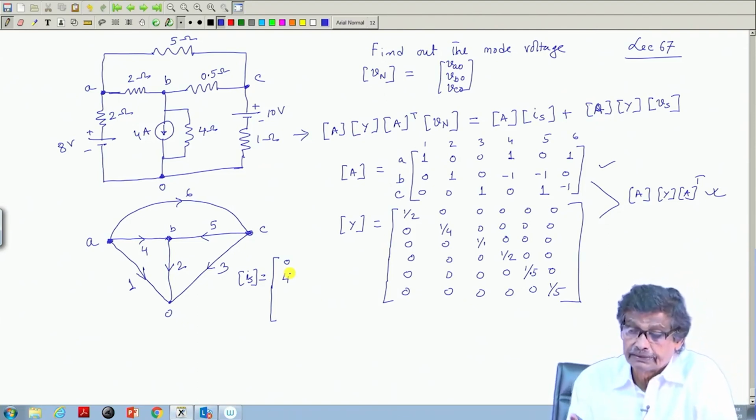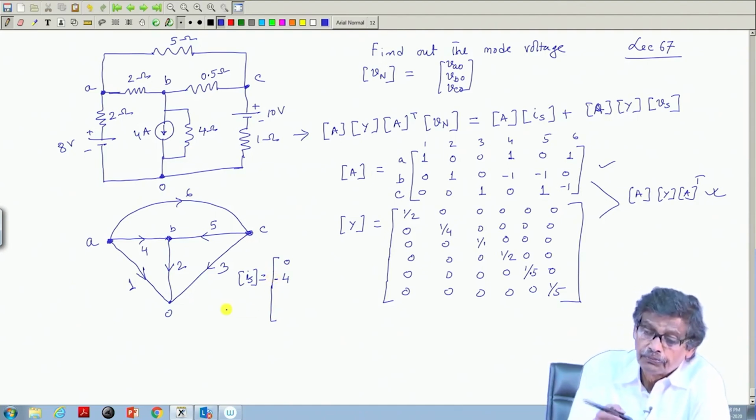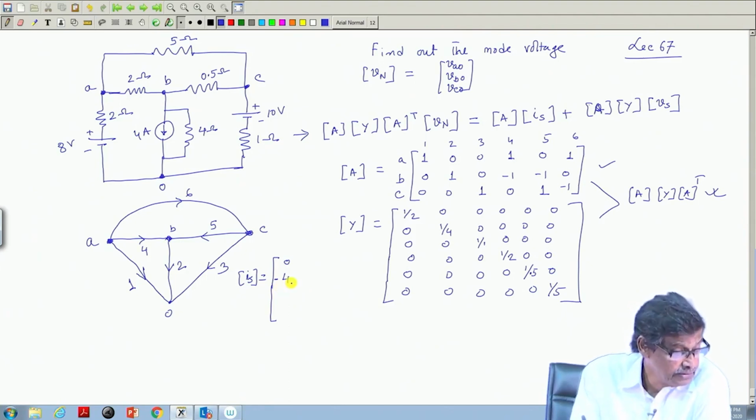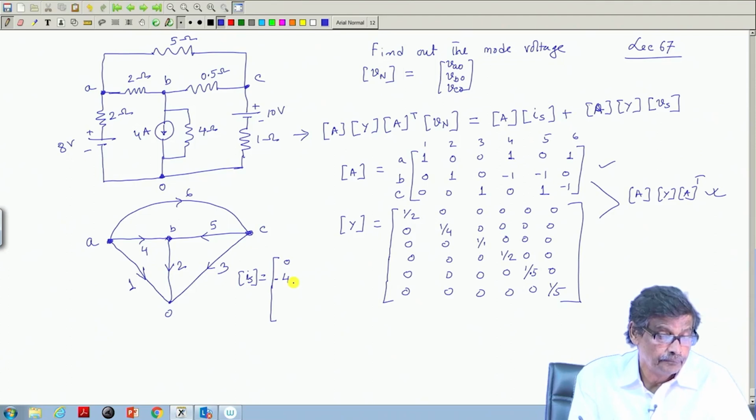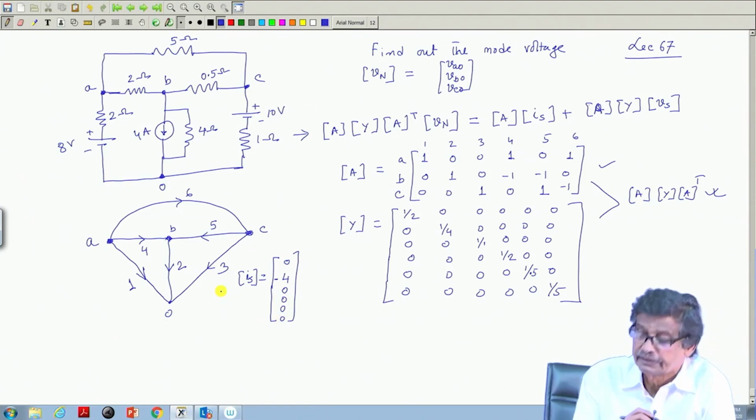That you have to decide. So, it will be minus, is not consistent with, so plus 4 you write, and then in no other elements there is any current source. So, other entries will be simply 0. So, this will be your IS.